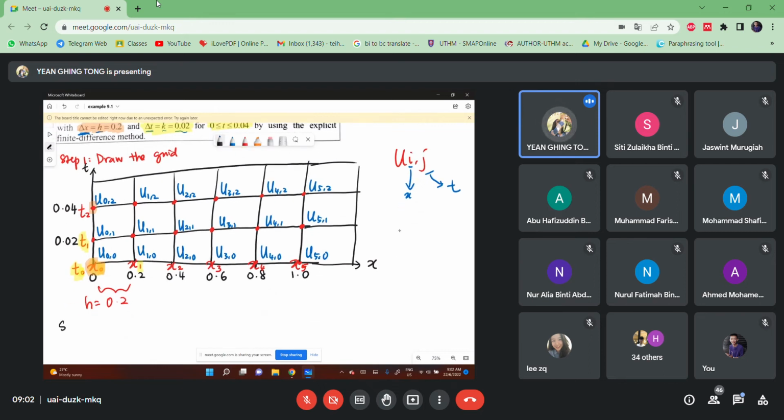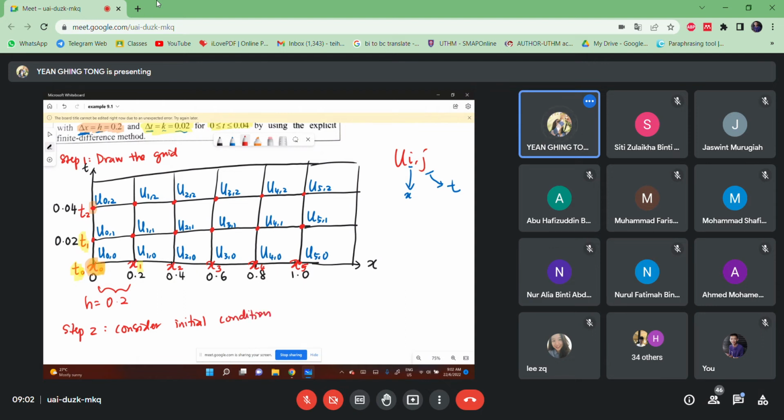The next step. Step 2, consider initial condition. Dia tulis boundary ke apa? Initial condition, sorry.